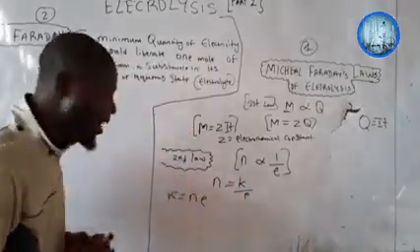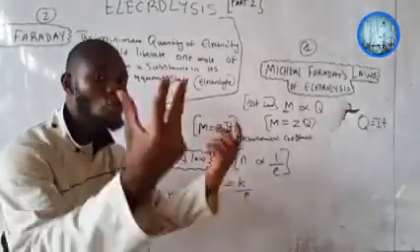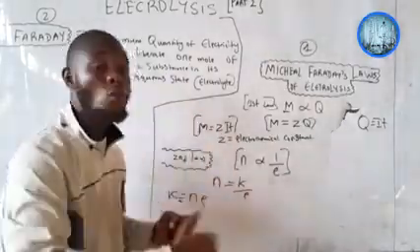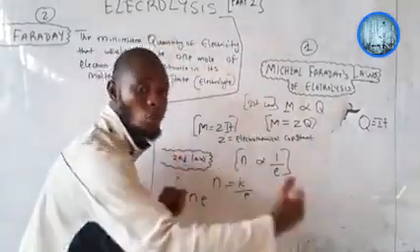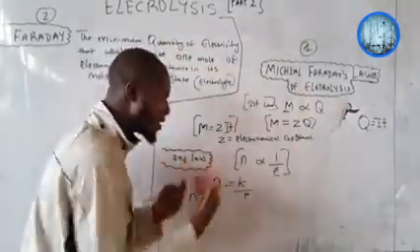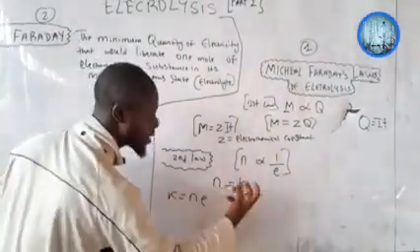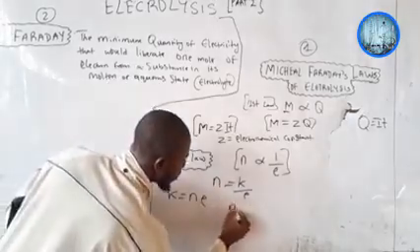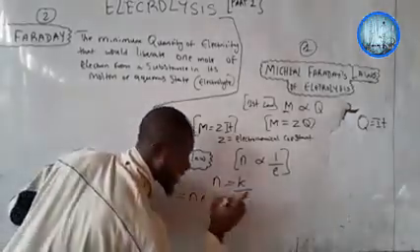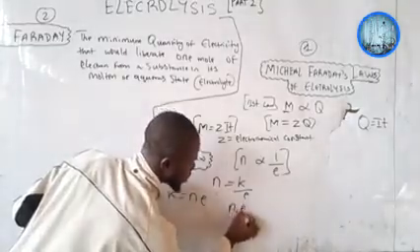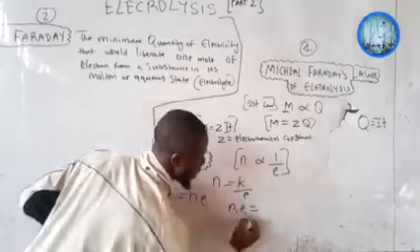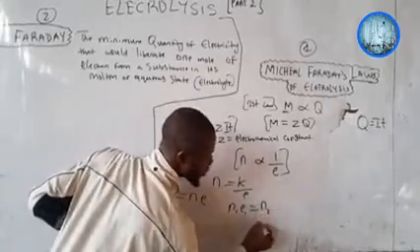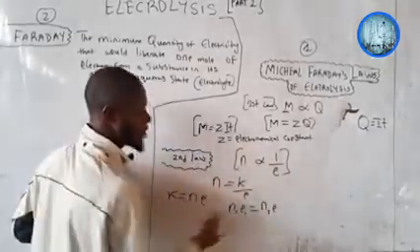So what does this mean now? Because in this case we are comparing more than one electrolytic cell, which will have different electrolytes, we are going to have two cases. If we have two electrolytes or even more, we can say the number of moles of the first electrolyte times the charge will be equal to the number of moles of the second electrolyte times the charge.